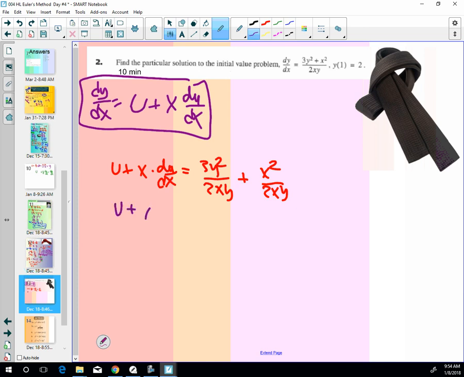We're going to let u equal y over x again. Always do that substitution unless it tells you otherwise, because of this dy/dx, that's a logical one to do. So one of these y's will cancel, one of these x's will cancel. So you'll get 3/2 u plus 1 over 2u.